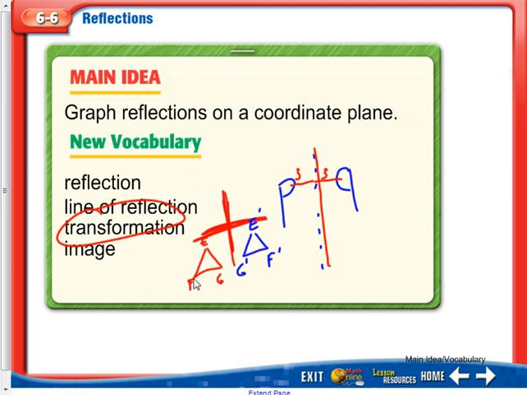Obviously this side gets flipped the furthest because it is the furthest from the y-axis. Notice I know which one is the transformation because it has this prime symbol. That's just merely like an exponent to the first power. So I know that the blue one is the new image because it has that symbol next to it.